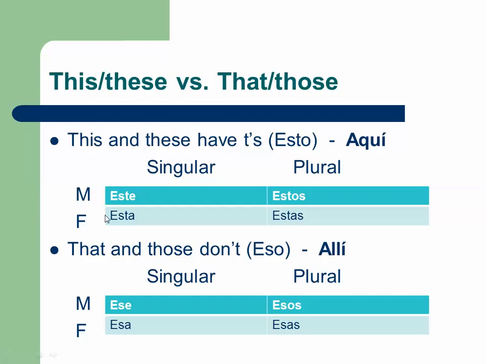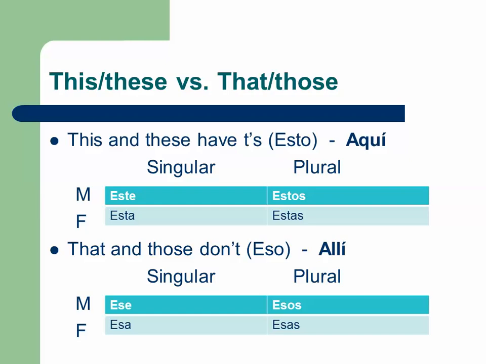Little note here, esta is spelled exactly the same as está from the verb estar, if you remember, except for the fact that the verb estar has an accent mark on it and the esta does not. This is why the verb estar has to have an accent mark on it, because otherwise you might get confused with the word this.